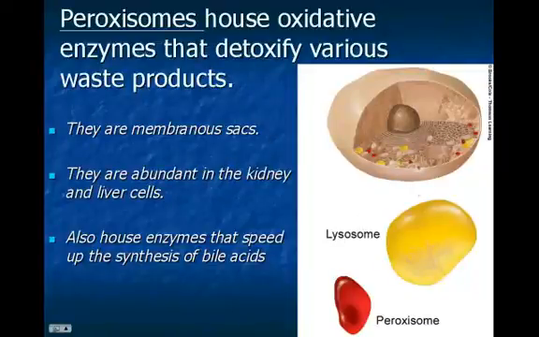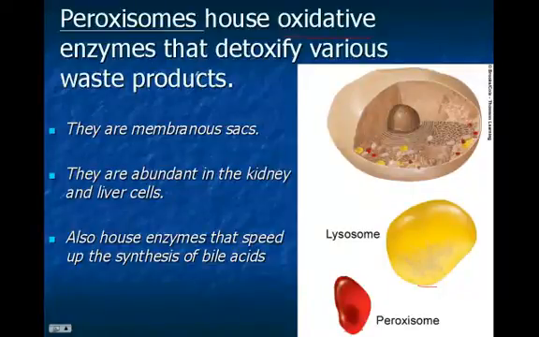We also have small vesicles, kind of like the lysosomes, called peroxisomes. They're actually even smaller. If you look here, here would be the size of a lysosome, and here would be the size of a peroxisome. So peroxisomes are even smaller than lysosomes themselves. The peroxisomes contain or house what we call oxidative enzymes.